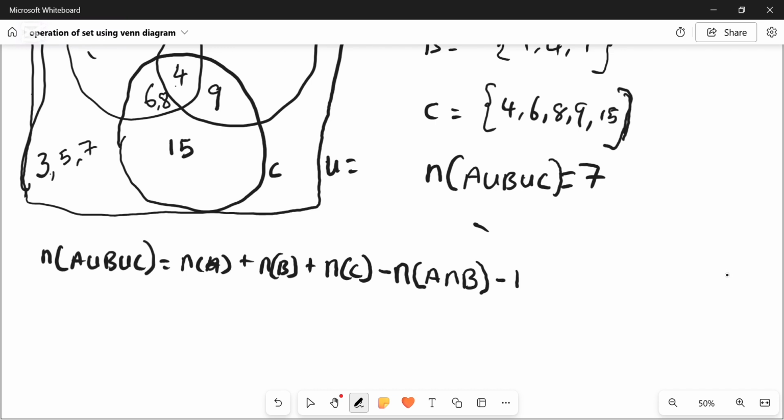Also, you subtract the number of elements in A intersect C, where A and C intersect.